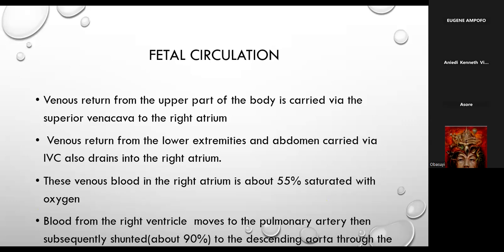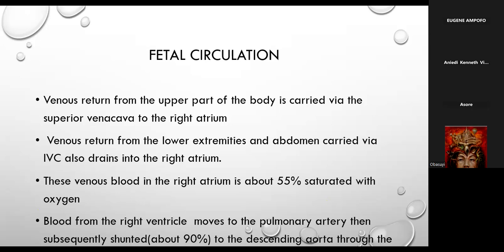Okay. So the right atrium also receives venous return that drains the head and neck and upper extremities through the superior vena cava, as well as those from the lower extremities through the inferior vena cava. From here, this blood moves then to the right ventricle. From the right ventricle, the blood moves into the pulmonary artery.